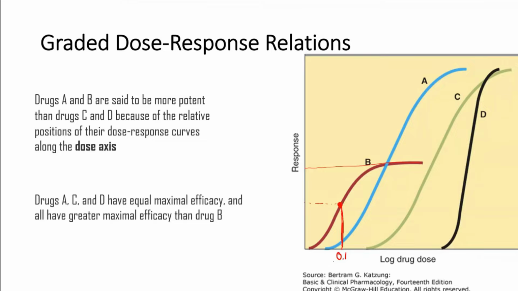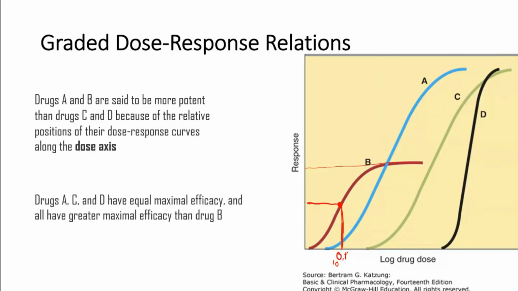So what you would do is take the inverse log of 0.1, and 10 to the 0.1 is what? I'm too tired to think. 1? I don't know. But whatever it is, that's the concentration that is the EC50. So that's how you find your EC50.